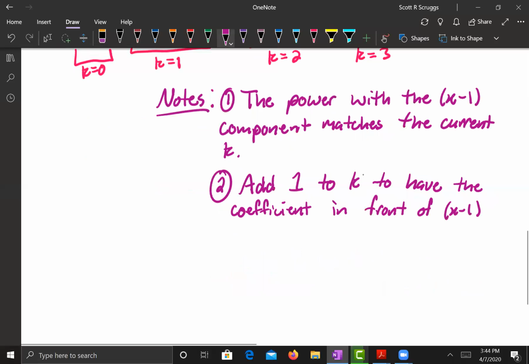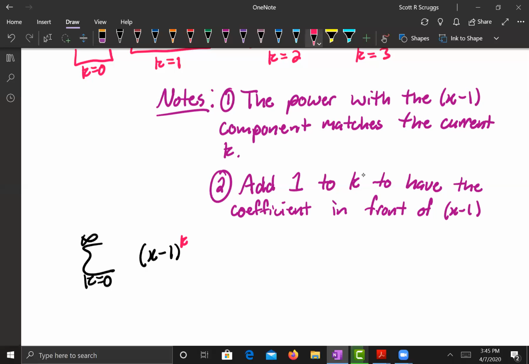And so from these two, I can go ahead and start forming a skeleton of what my power series should look like. From observation 1, the power with the x minus 1 must match the current k. That's going to correspond to x minus 1 raised to the kth power inside my series.